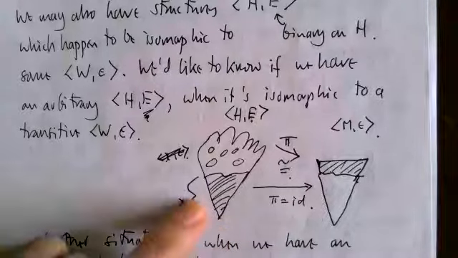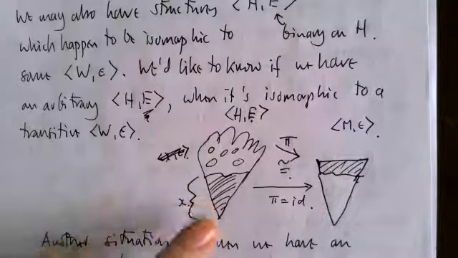Right? I mean, if it's transitive, it's got no epsilon holes to squash out.